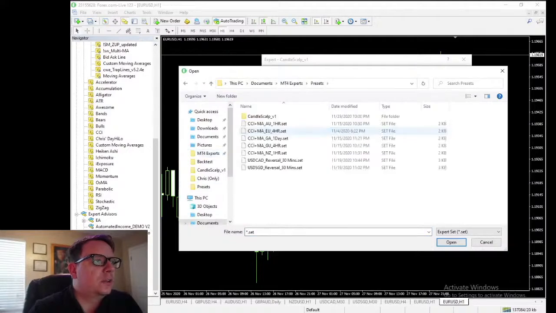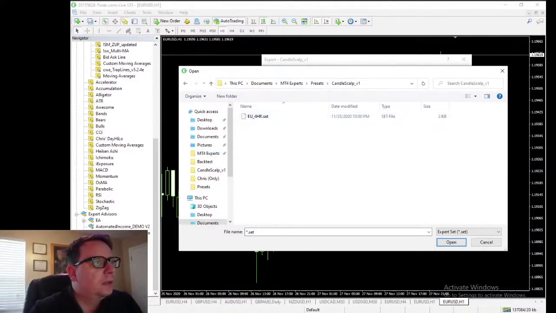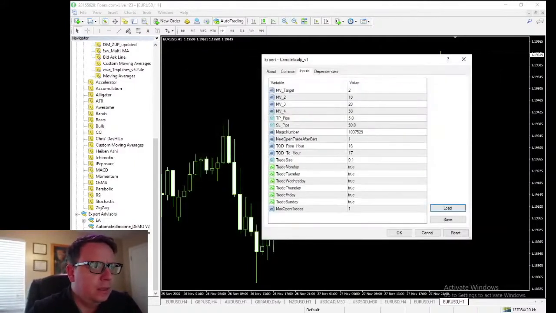So let's go to Candle Scalp version 1, my very first version. The preset is EU 4-hour, not 15 minutes, not 1 day, not monthly, 4-hour. So I'm going to add that in there and press open. Now it changed everything here.